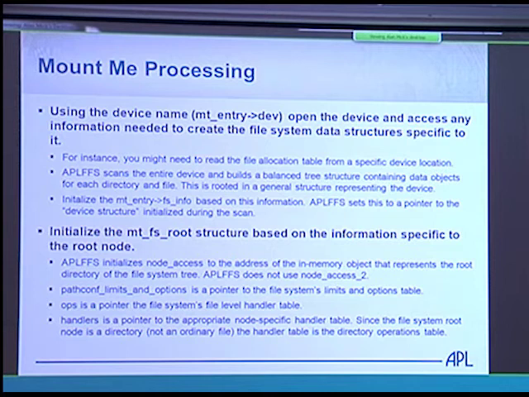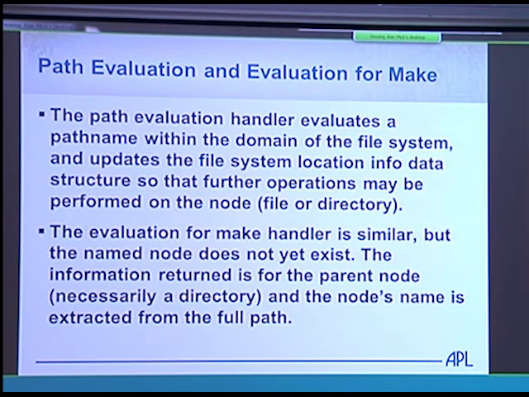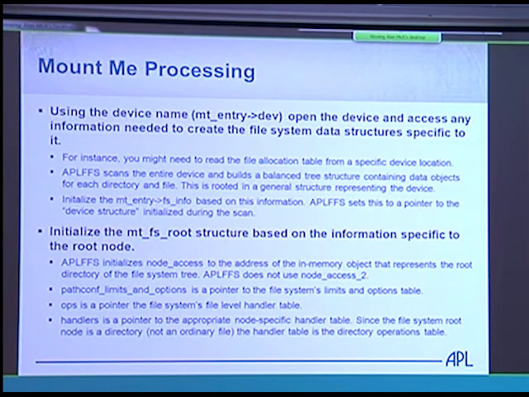You initialize each of the root file structures based on the information specific to the root node. Then that mount table structure is provided to you for subsequent calls, and you use all that information to implement the functionality that you need.